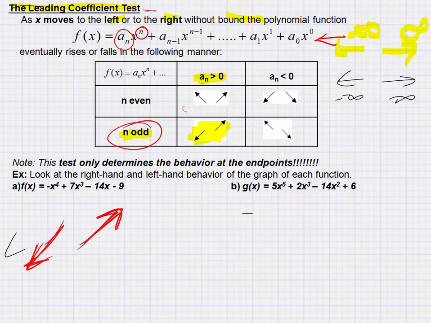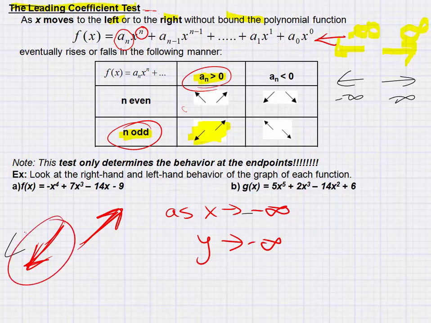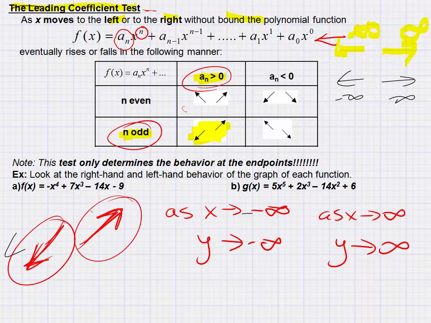That's if I have an odd power and a positive coefficient. So I could read this as x goes to negative infinity, that's the left, y is going to negative infinity, that means it's pointing down on the left, and as x goes to positive infinity, y goes to positive infinity, that means it's pointing up on the right.